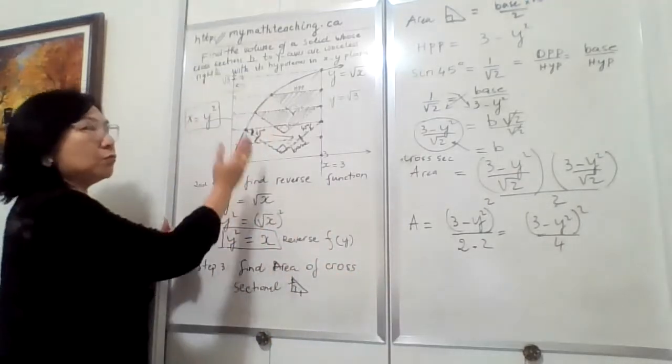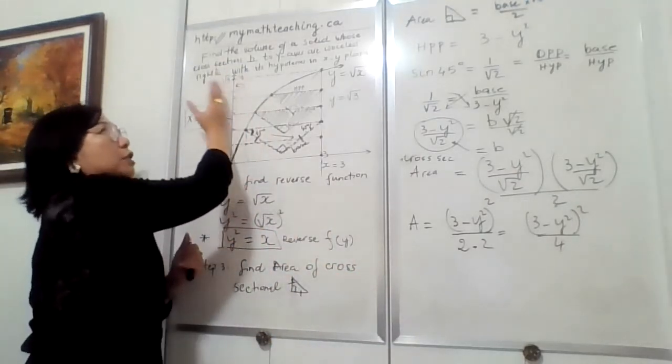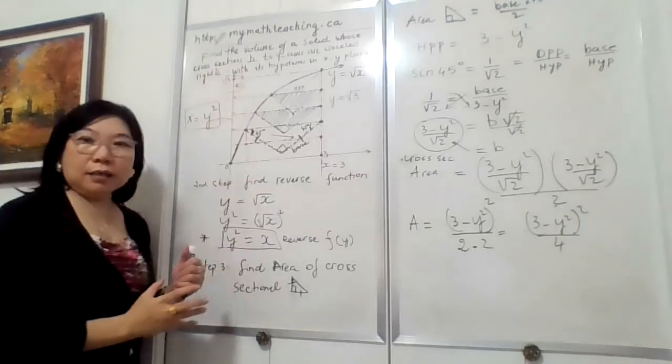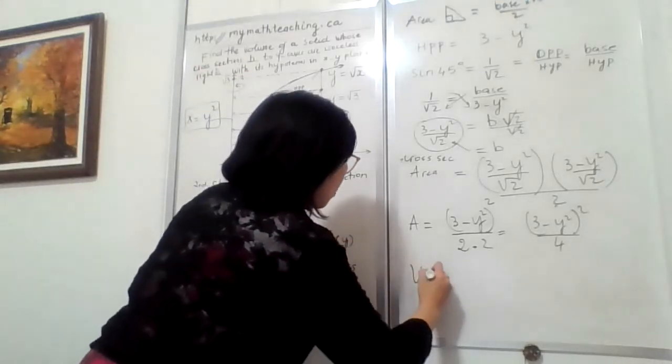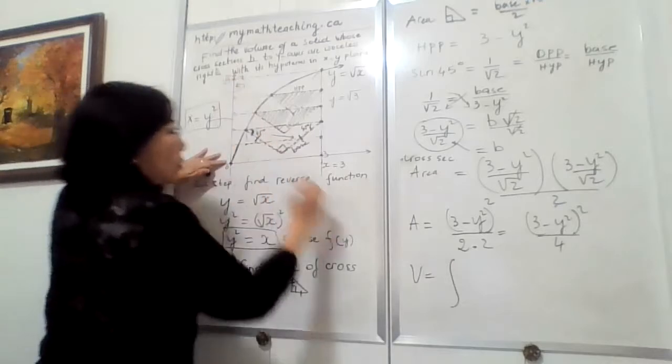All we do is use the integration technique, revolving the region around the y-axis. So our volume will be equal to the integral from 0 to square root 3.